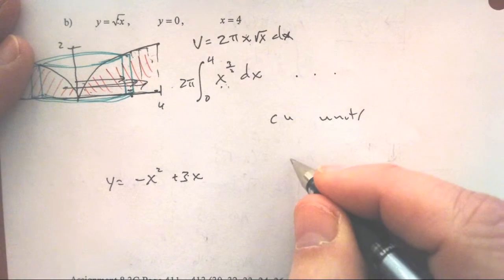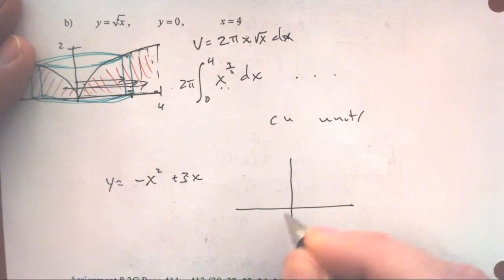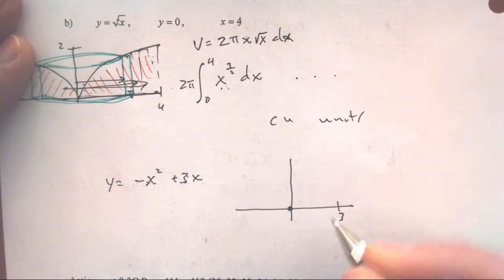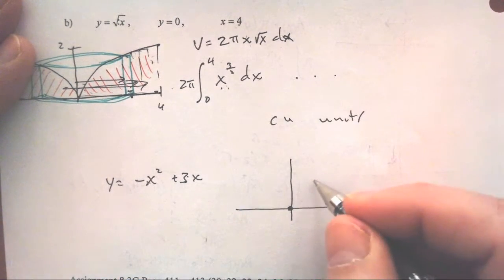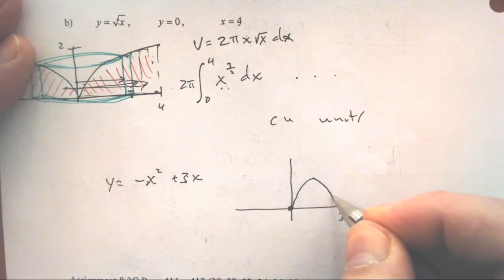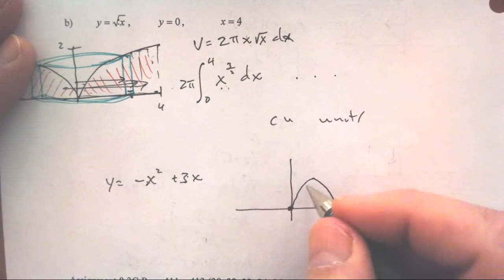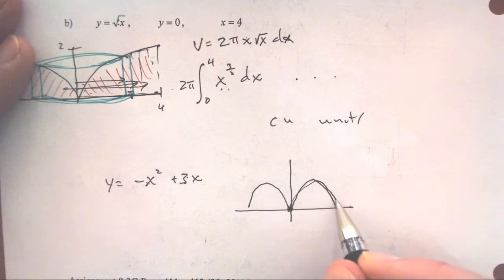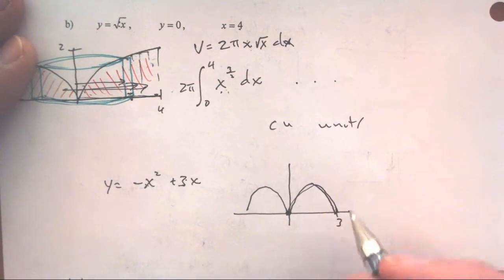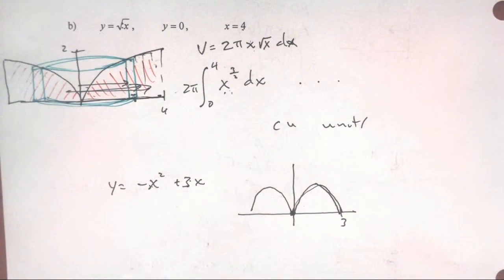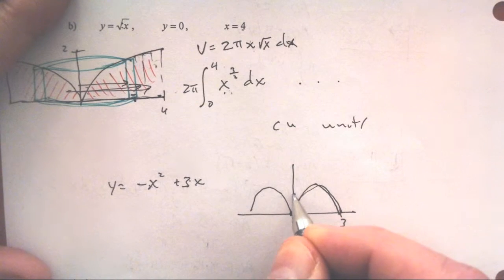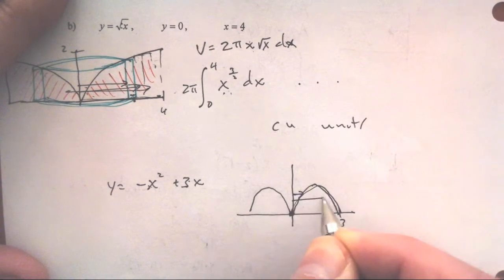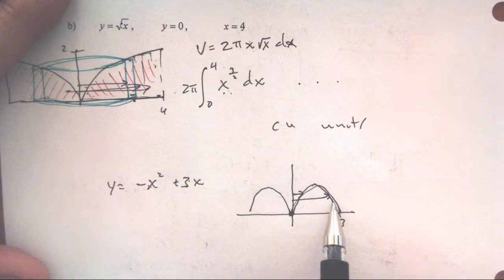In this case, we would have a 0 at 0, we have a 0 at 3, and we know this is an upside down parabola, so this looks something like here. Now imagine if we were rotating that around and we get this look. If I was going to do this thing as washers, I would have a radius here for my small radius. I'd have a big radius there, but they're off the same function.